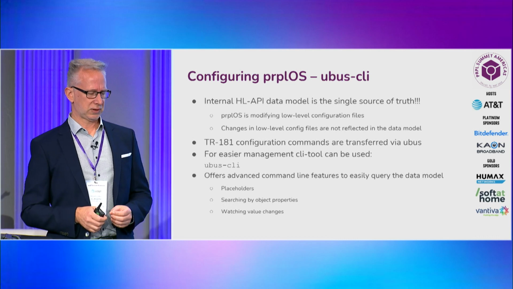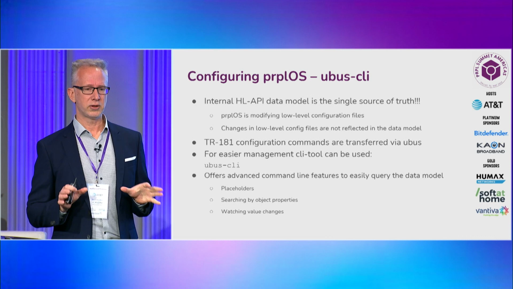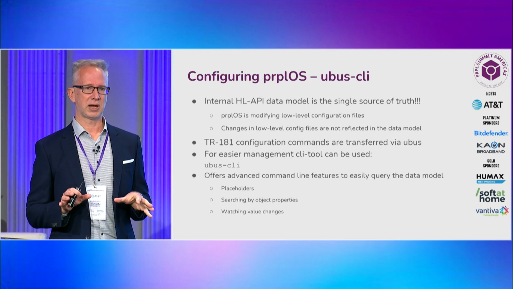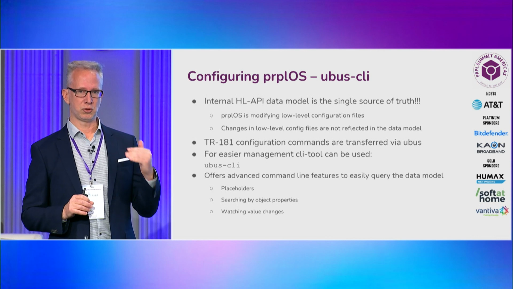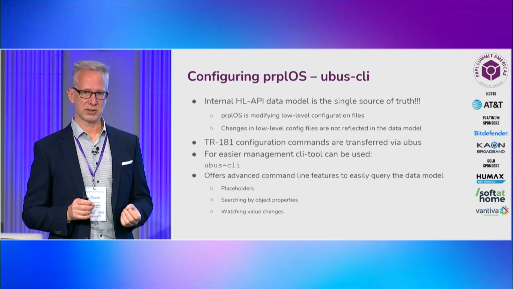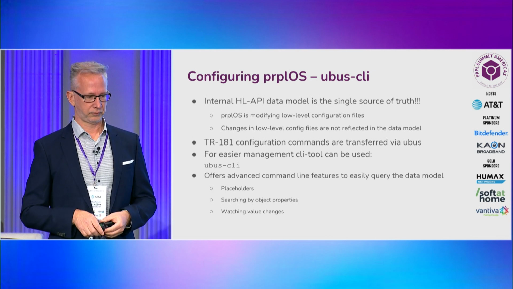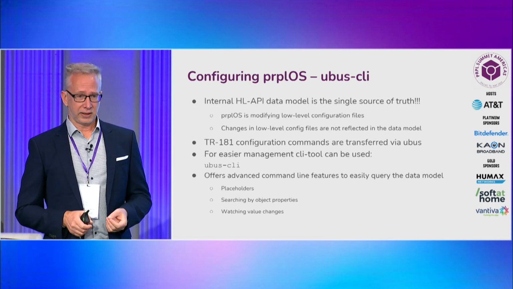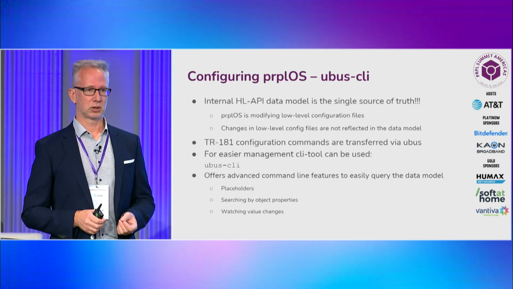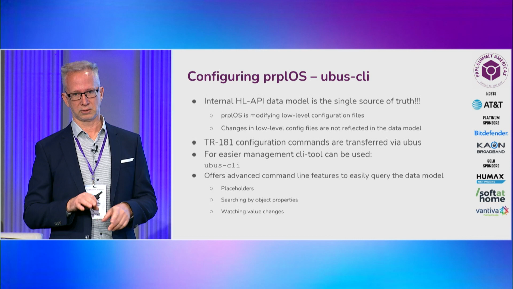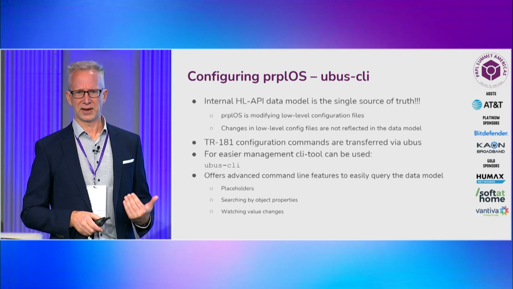prpl uses a microservices architecture to implement the high-level API, and all those microservices communicate with each other using the OpenWRT ubus, which is an internal system bus to allow process intercommunication. Technically, you could send your TR-181 payload for the data model using the ubus command with a JSON payload, which is okay, but not that handy.